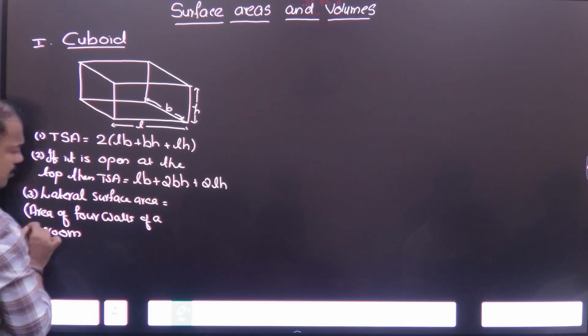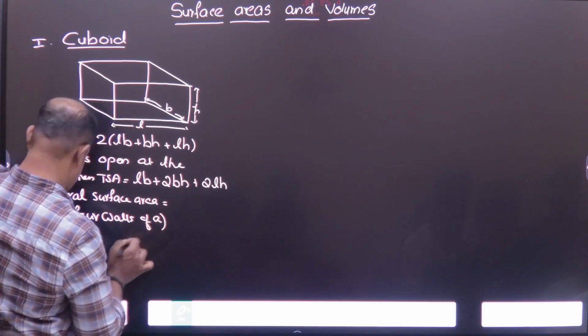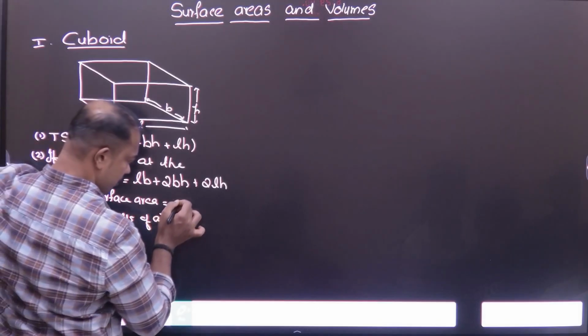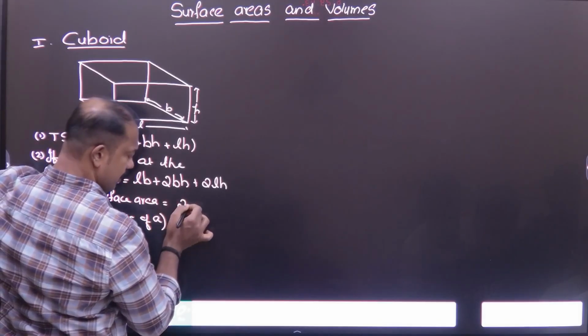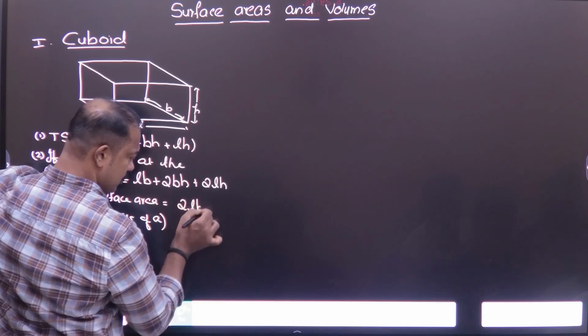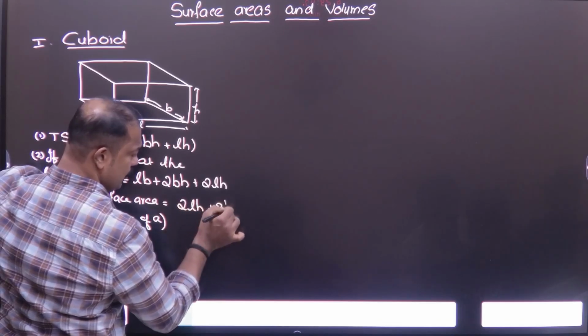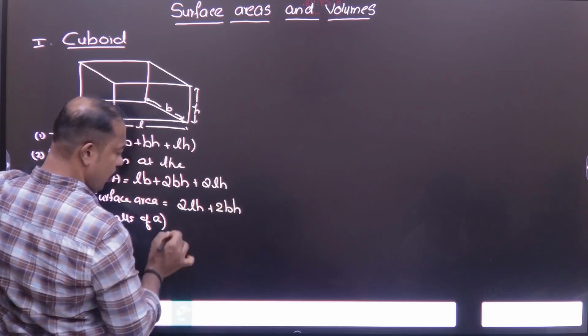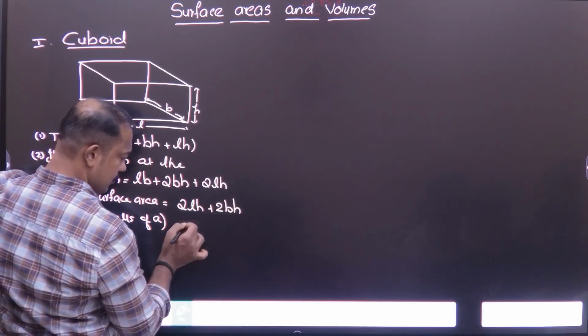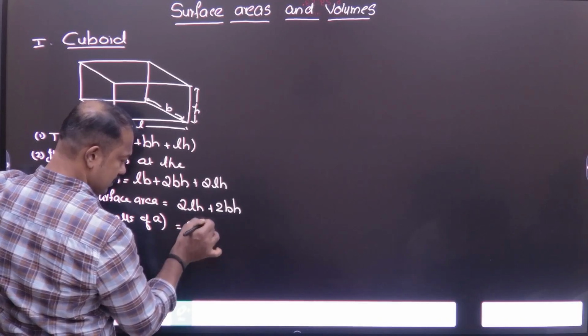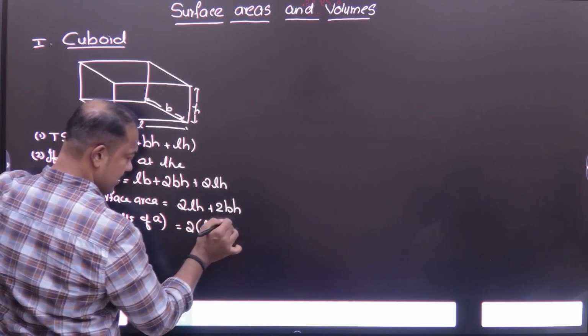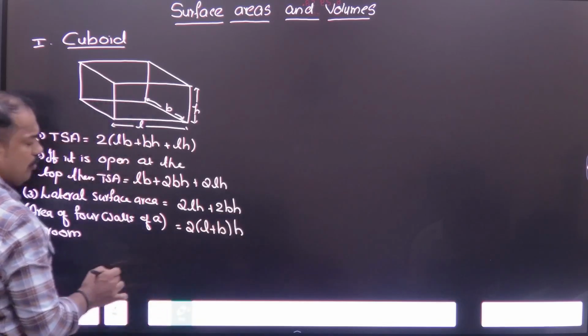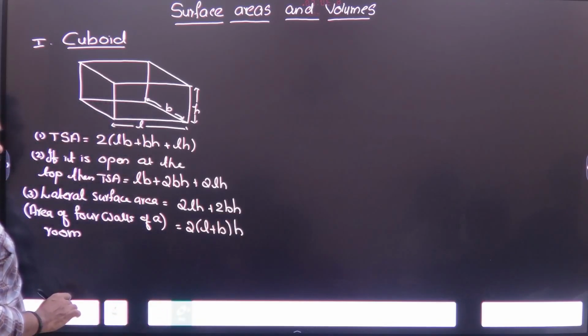Area of four walls of a room is equal to 2 into LH plus 2 into BH, where 2H is common. That is 2 into bracket L plus B into H.